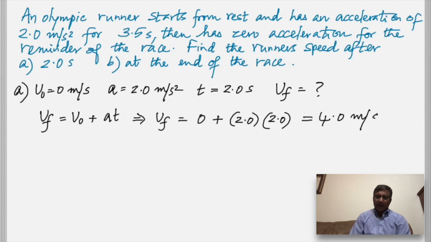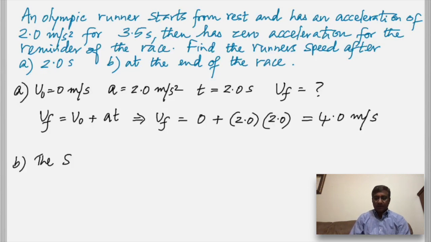In the second part, we are asked to find the runner's speed at the end of the race. The time is not specified, but we do know that after 3.5 seconds, the runner's speed does not change. So what we will do is find the speed at the end of 3.5 seconds. That will be the speed at the end of the race.